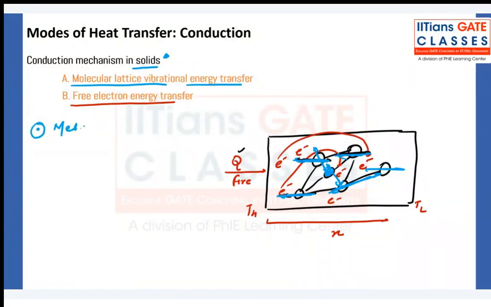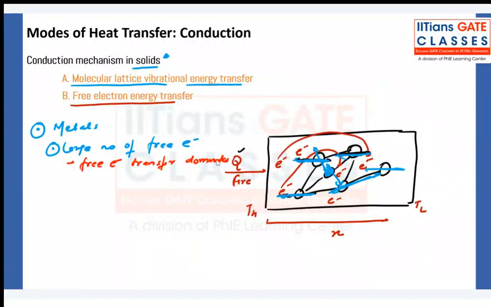In metals, there are a large number of free electrons, therefore free electron transfer dominates. Most of the heat transfer in metals happens because of electrons moving from one place to another.